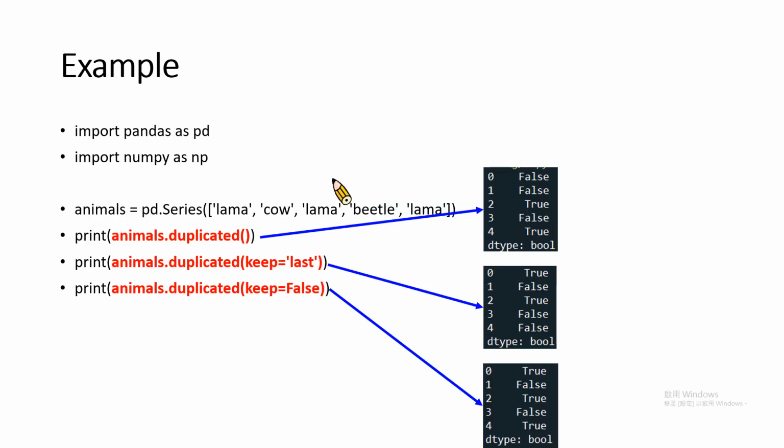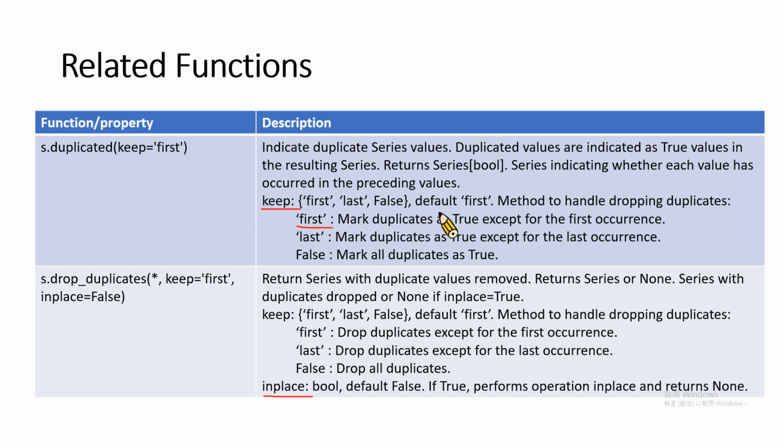So here's the example. This animals is the series, and we can see llama is a duplicate value. So we first just call duplicated, and it will mark the duplicate values, and because it has no parameters, the default value for keep is first.